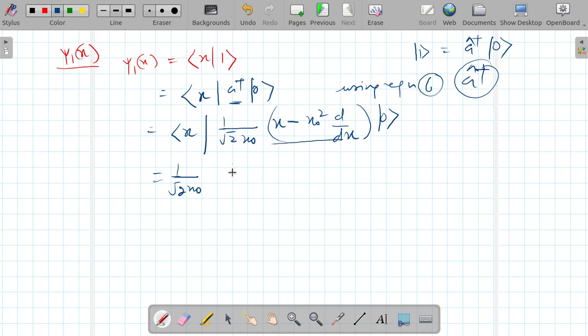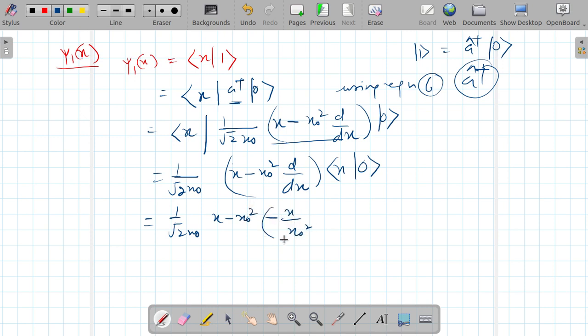The 1 by root 2 x naught can be taken outside, and this is also a constant, so it can also be taken outside. So d upon dx acting on psi naught, and here I can express it like this: 1 by root 2 x naught, x minus x naught square times minus x over x naught square.